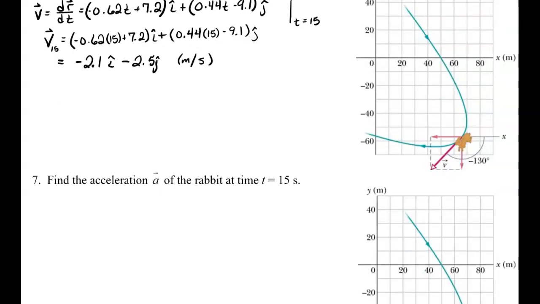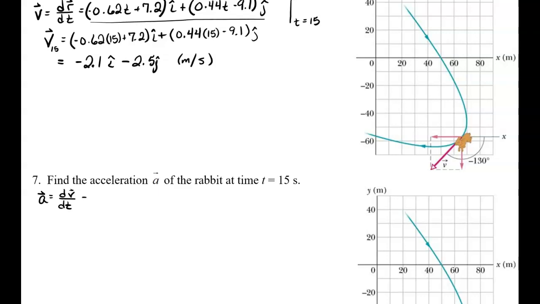Now, how am I going to get the acceleration? Well, you remember that acceleration is the time rate of change of velocity. So we're going to take the derivative of that velocity function with respect to time. So I'm going to go back up here to this function right here. There's a reason I wrote it down first.